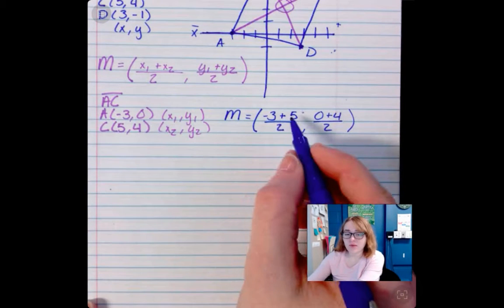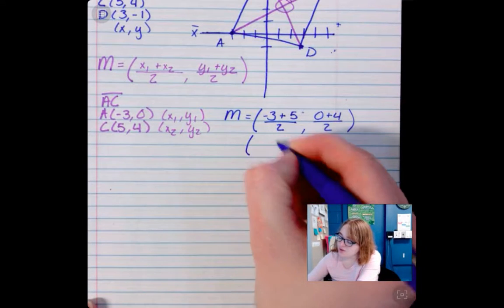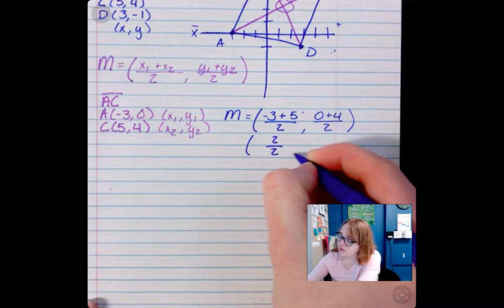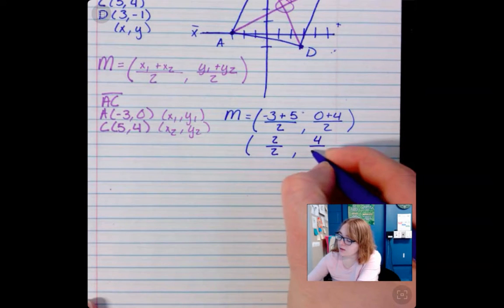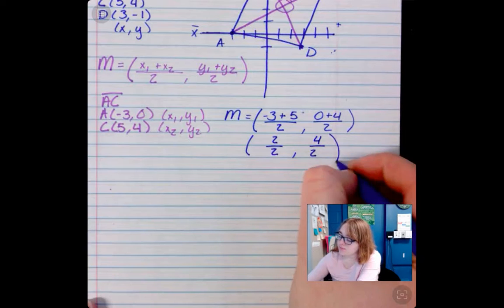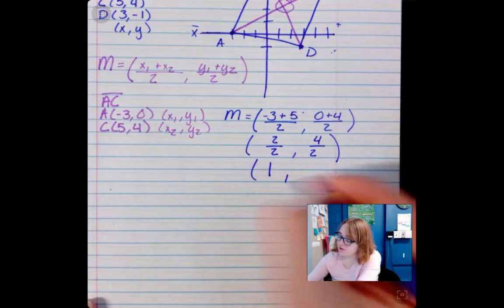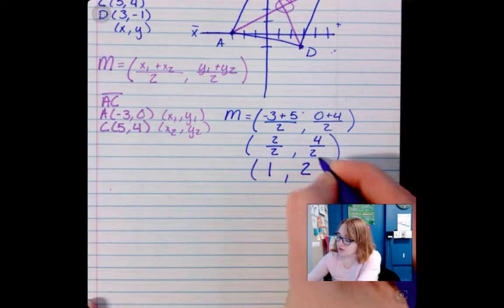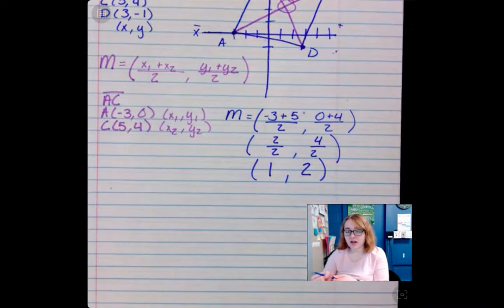So -3 plus 5, that is going to give us a positive 2 over 2. And then 0 plus 4 is going to give us a 4 divided by 2. 2 divided by 2 gives us 1, and 4 divided by 2 gives us 2. So that's 1, 2. Now we're going to check our second diagonal between B and D.